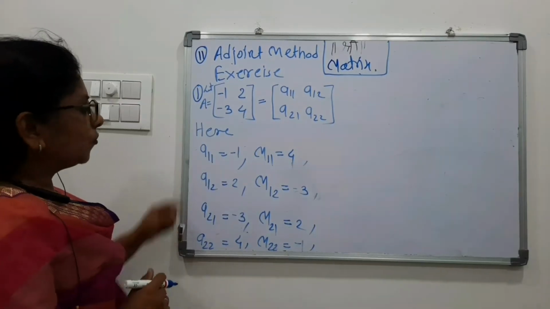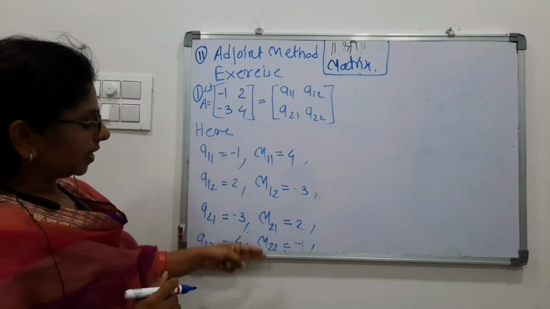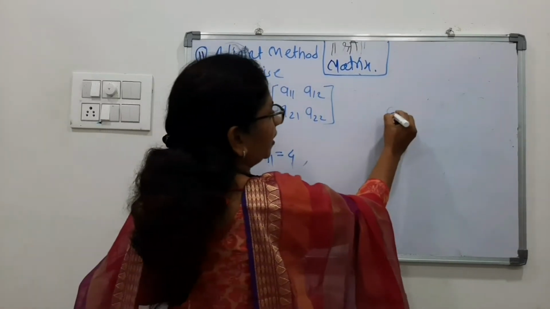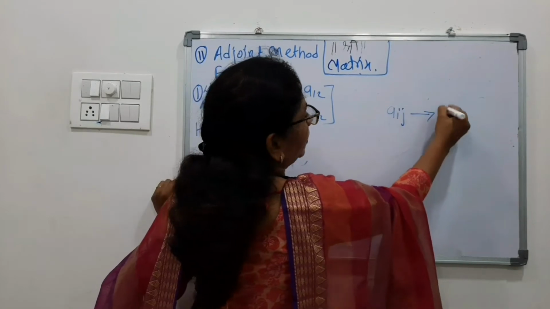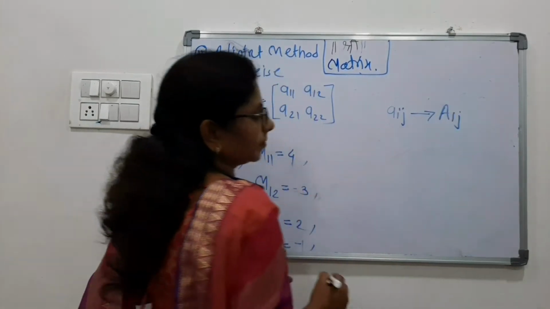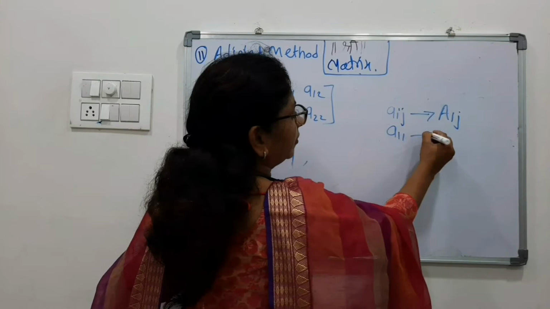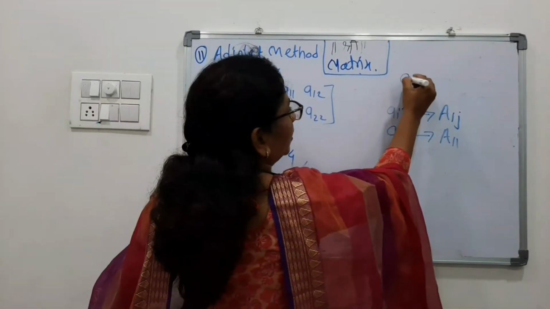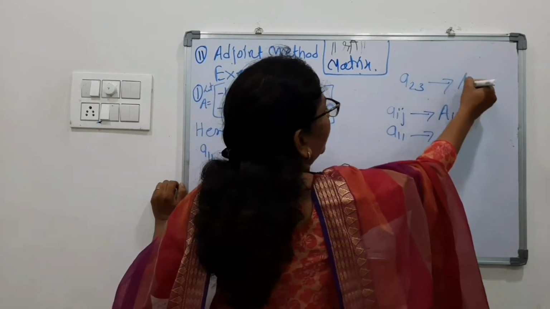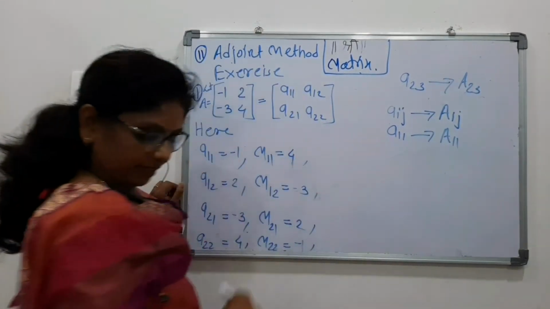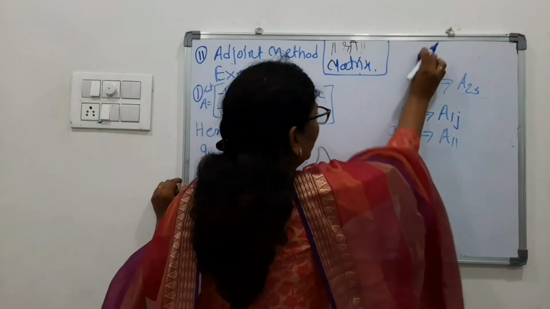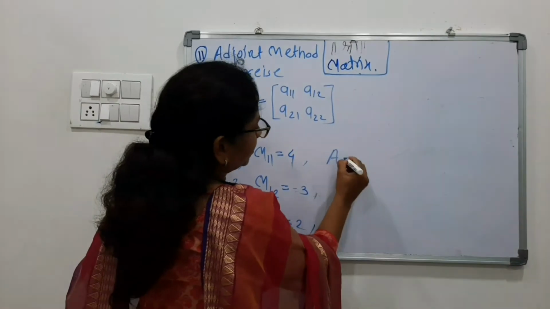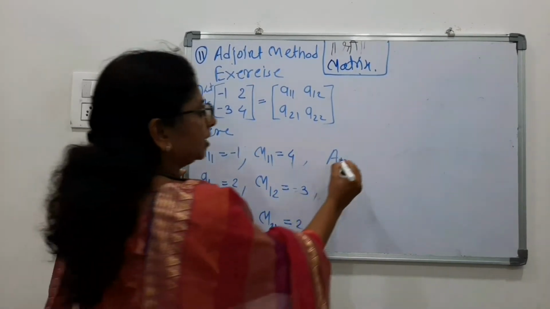Now come to the cofactors of all the elements. These are the minors of all these elements, and now the cofactors. So the cofactor of aij we will denote by capital Aij. That means the cofactor of a11 we will denote capital A11, and the cofactor of a23 we will denote as capital A23.